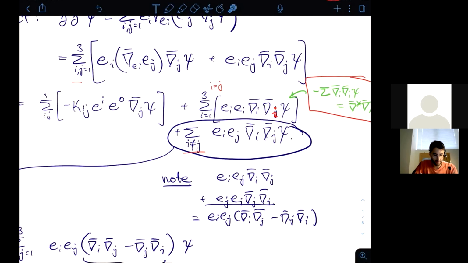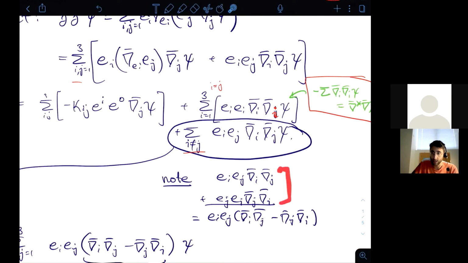First observation. Notice that if you fix i and j, you've got a term in here. If you swap i and j and then add those two terms together, so you've got an i equal to 1, j equal to 2 term here, and you also have an i equal to 2, j equal to 1 term here.